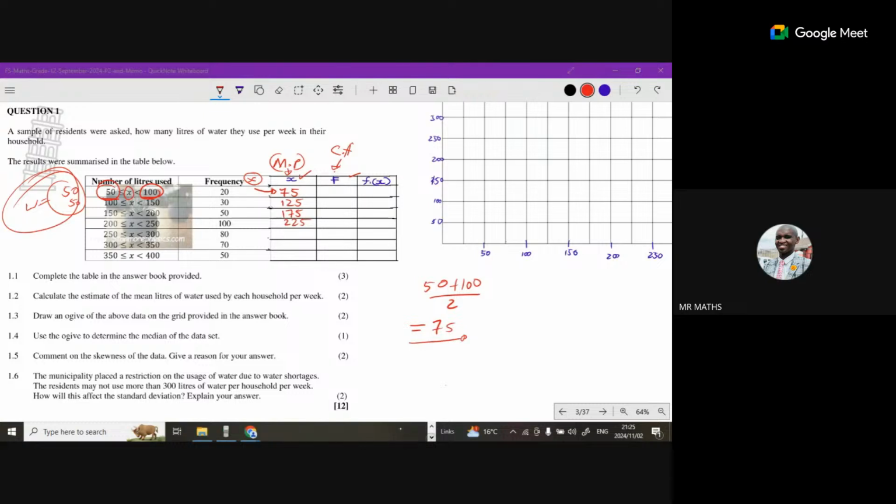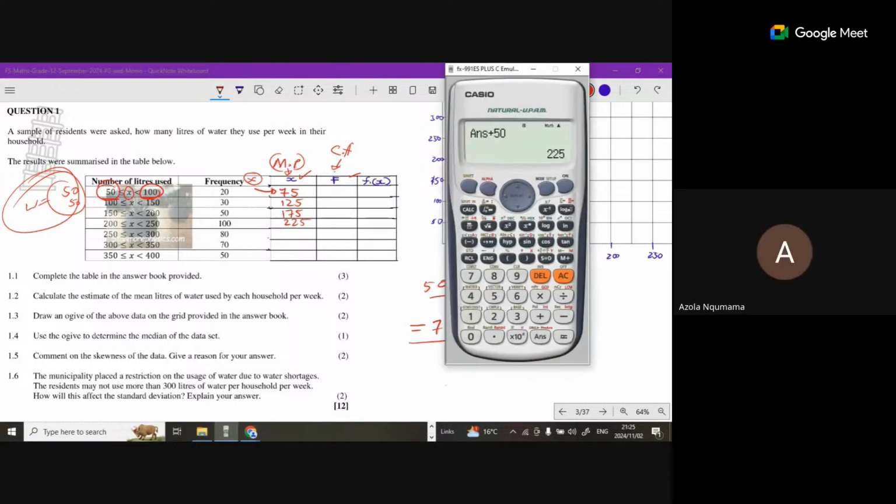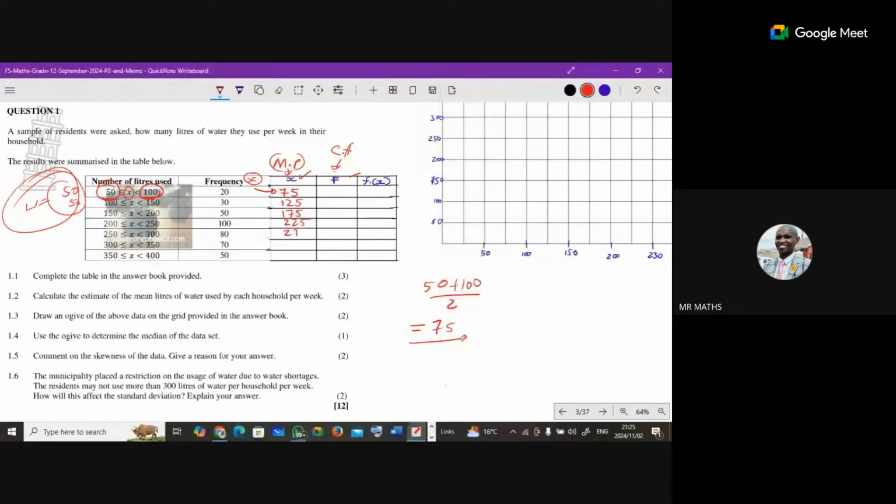No sweating, ne? 275 again. Then 325. Then 375. Okay. Then there it is, you are done with this one.